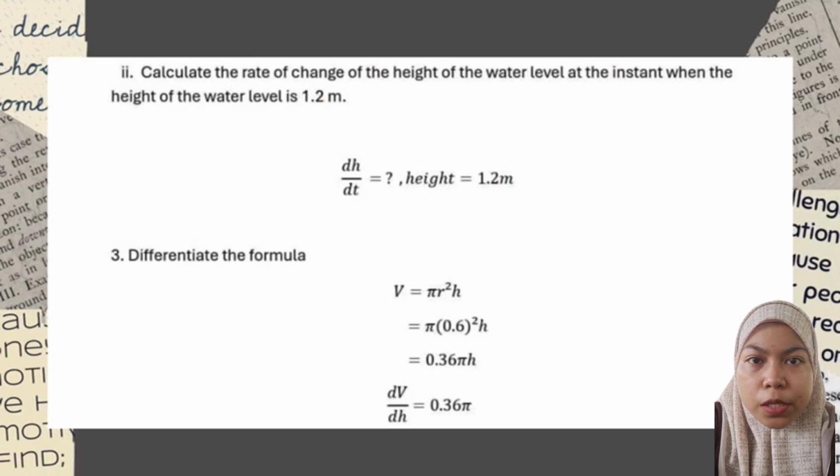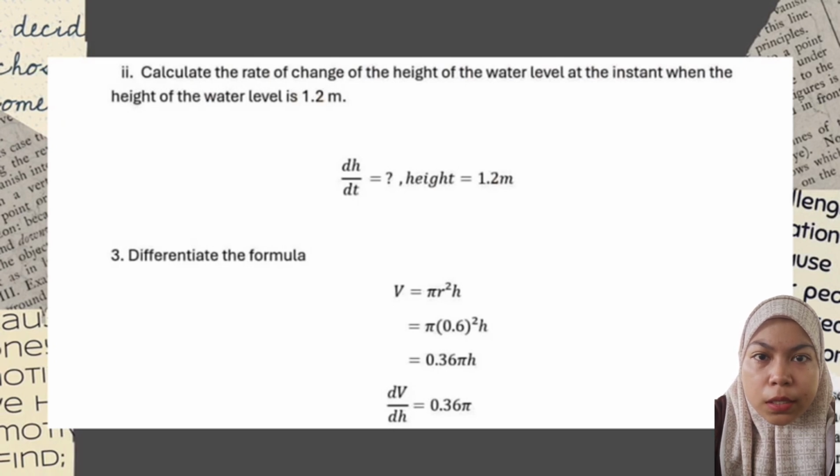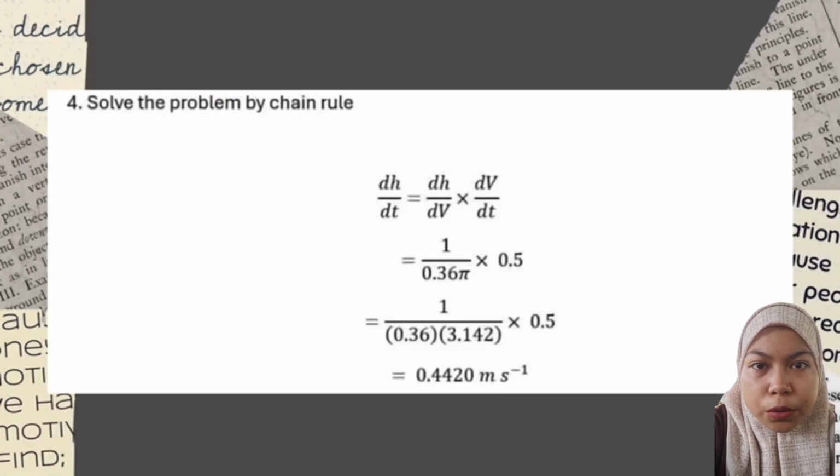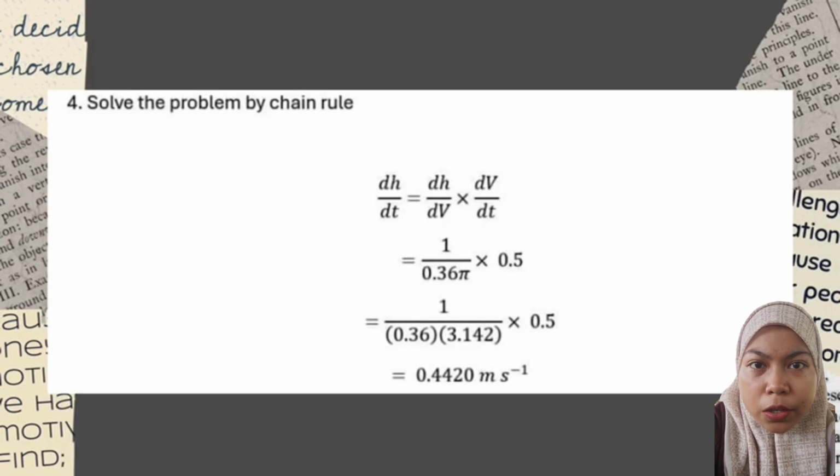Then we have to substitute the value of radius, which is 0.6. Then the volume is 0.36 pi h. Differentiation of the volume gives us dV over dH equal to 0.36 pi. Last step is solve the problem by chain rule. We have to find dH over dt, which is equal to dH over dV multiplied by dV over dt.